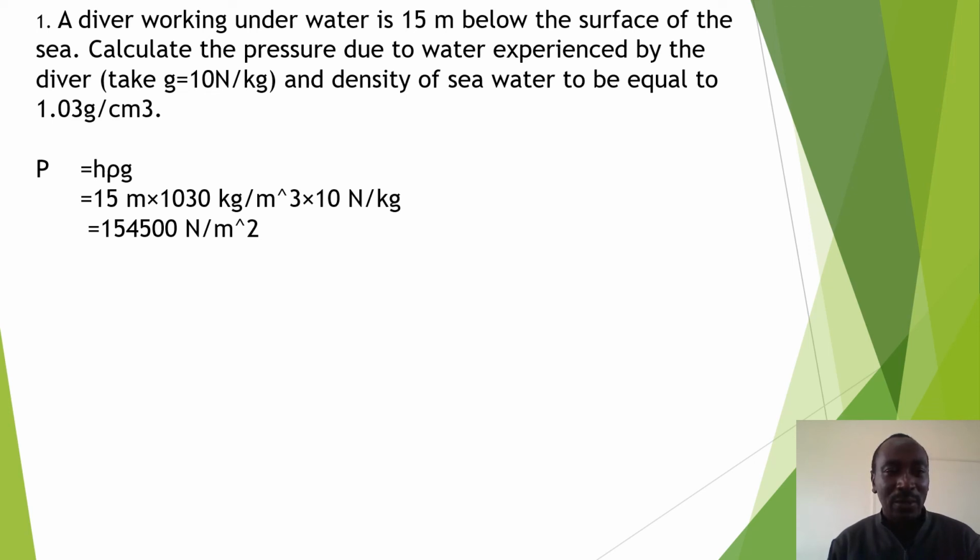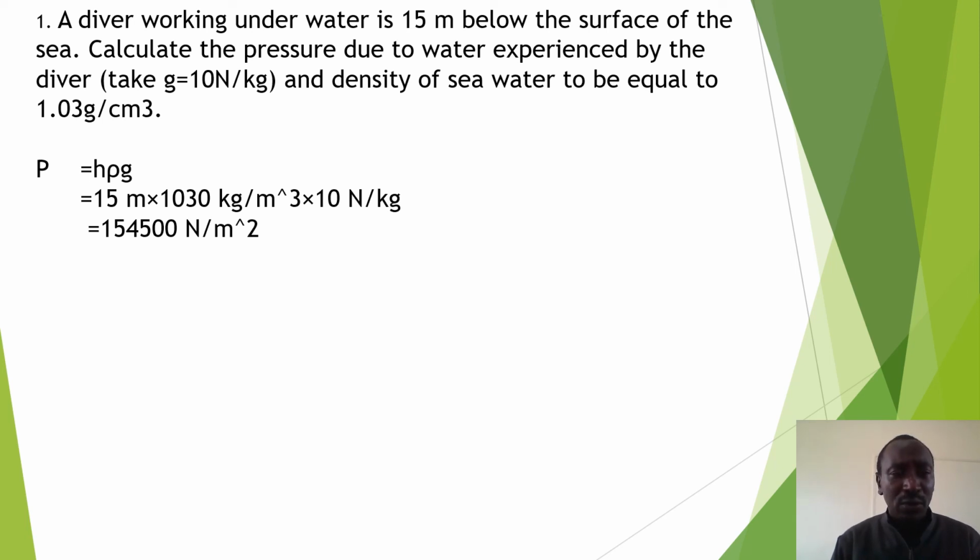We have to convert this one to SI units, so multiply by 1000 to get 1030 kilograms per cubic meter. Now pressure in a liquid, we have said, is depth multiplied by density multiplied by gravitational field strength.